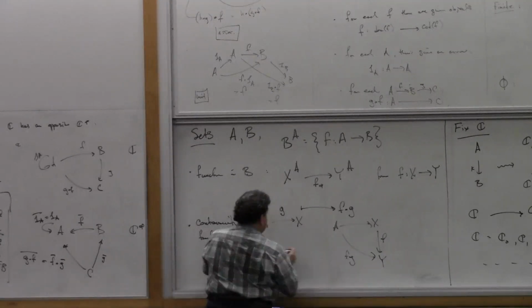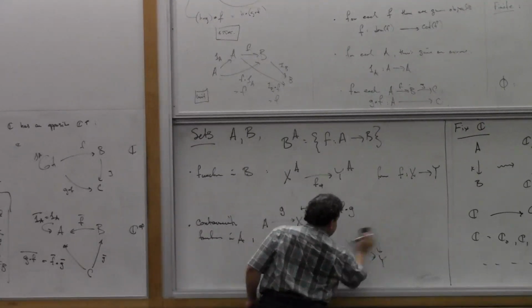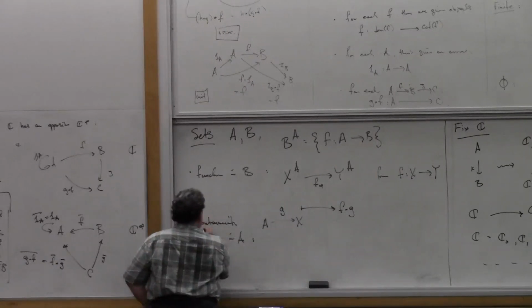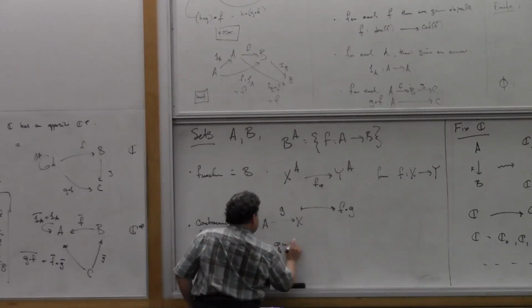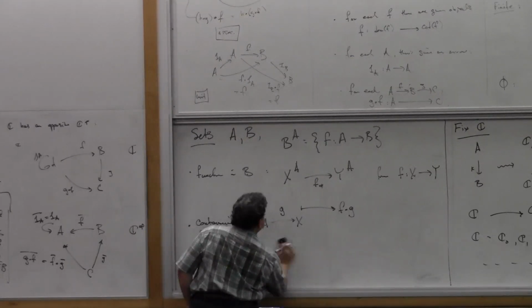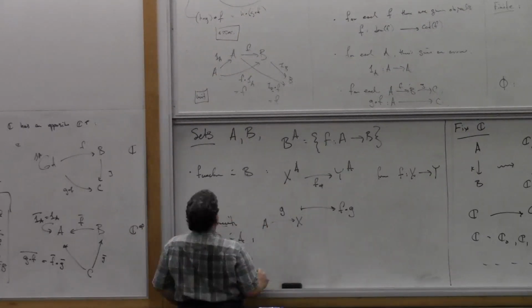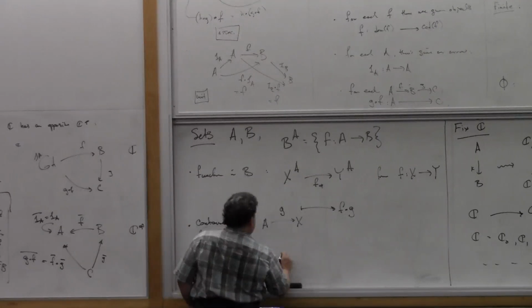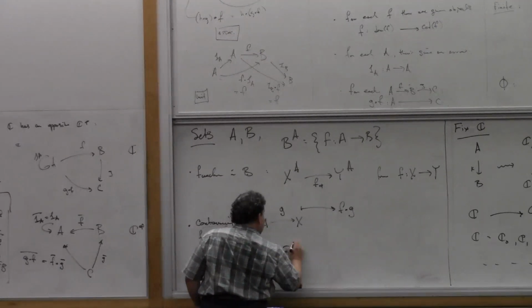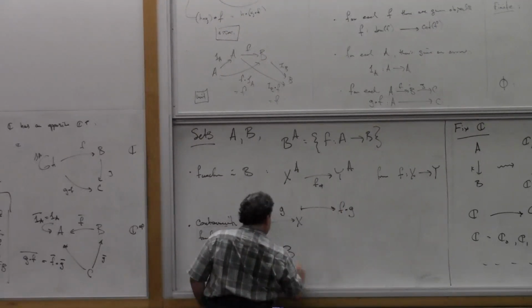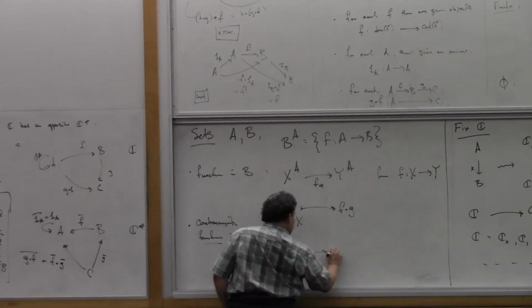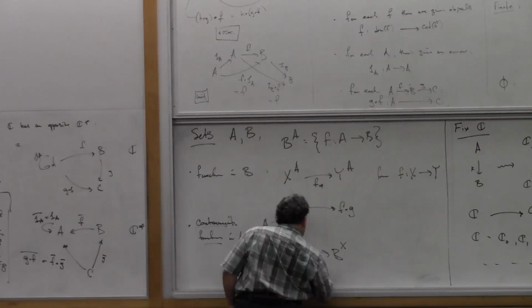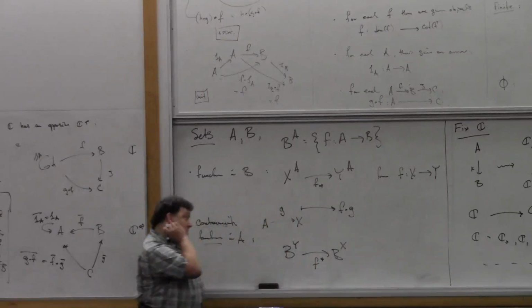So what does that mean? Given, so in the argument A, what that means is if I fix B, I have, as before, f going from x to y, I'll get a map from B^y to B^x, which I'll call f upper star.